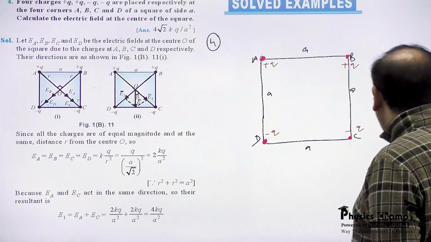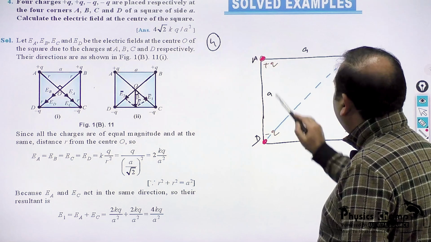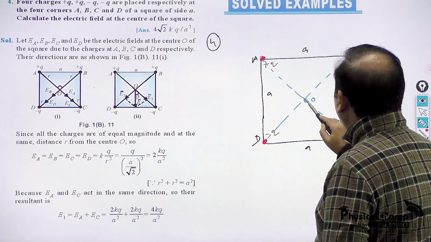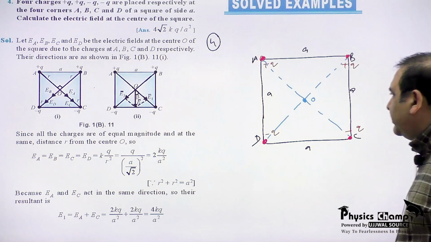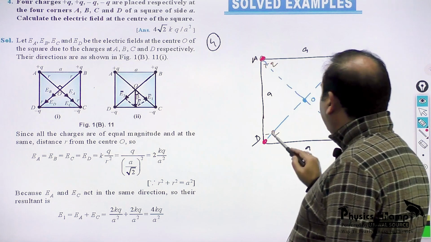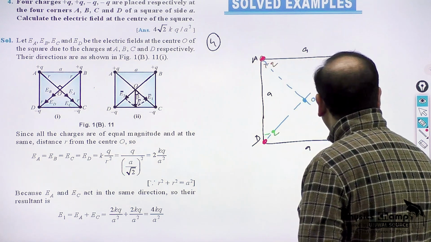So we want electric field at the center of the square. Maybe O over here. So I represent these positive charges say by red and these negative charges say by minus Q, by green color.